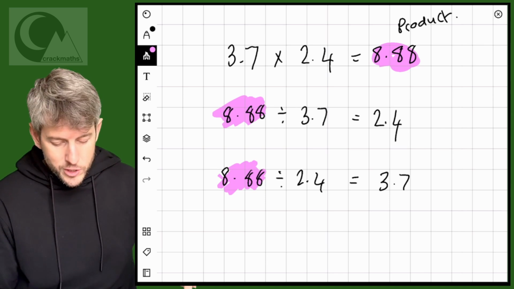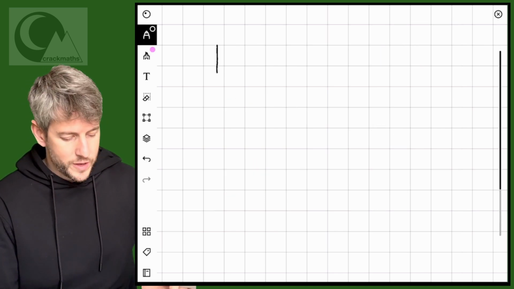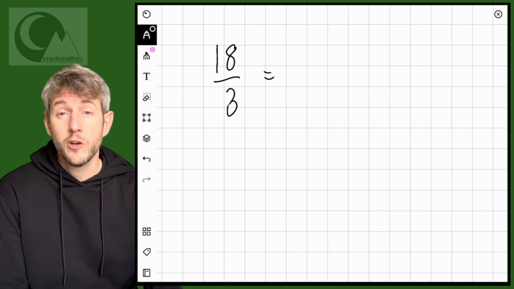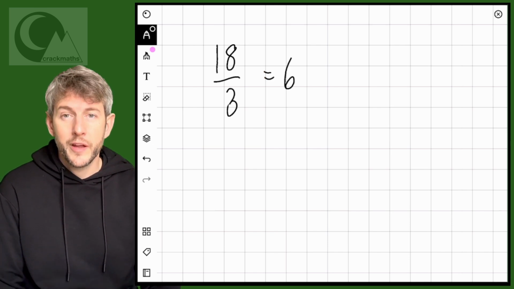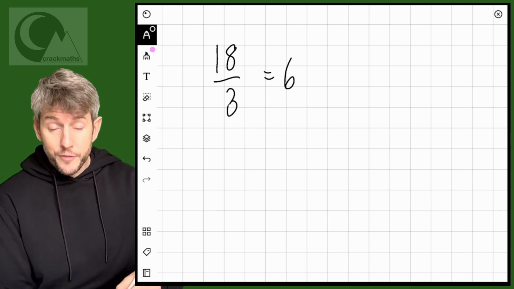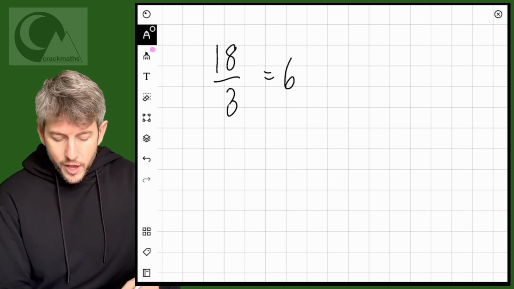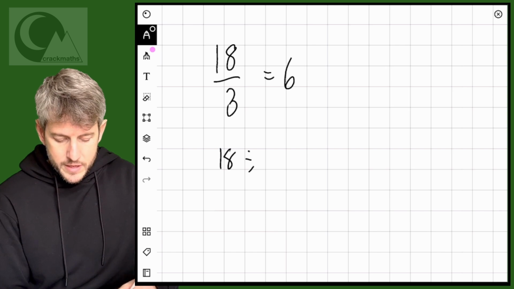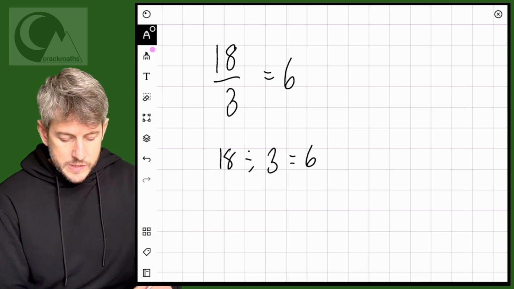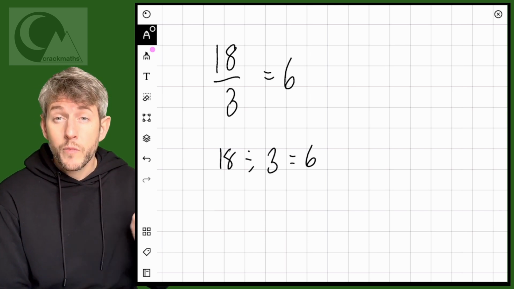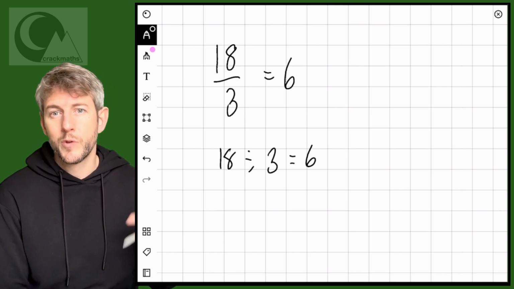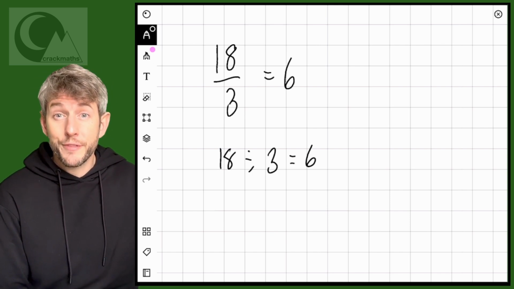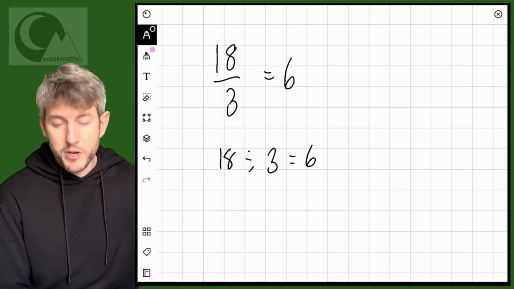Now, let's have a look at this when we get a question like this. Okay, so here we see 18 divided by 3 equals 6. So remember, this line here means divide, and I could always rewrite this if I wanted to as 18 divided by 3 equals 6. Now, before we do our rearrangement to check, we need to think about which one of these numbers is the product.